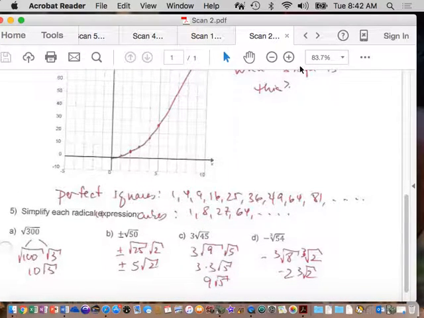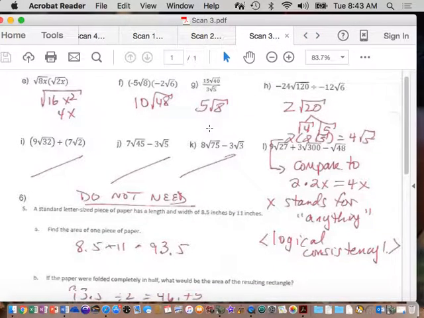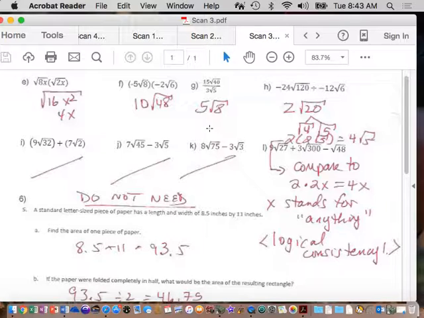All right, let's go to letter G. First off, E is like a bonus.